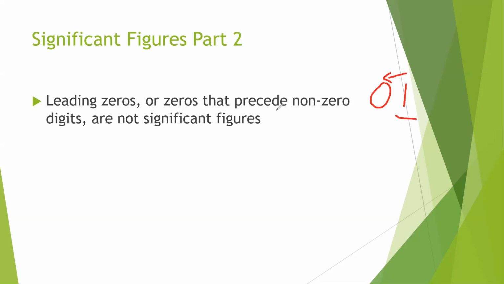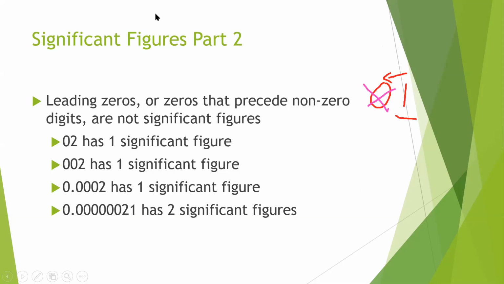The rule states that leading zeros are not significant. So another example is 0.2. That's a leading 0. It's not significant, so only the 2 is significant. 1 sig fig. And 0.002 also has one sig fig.